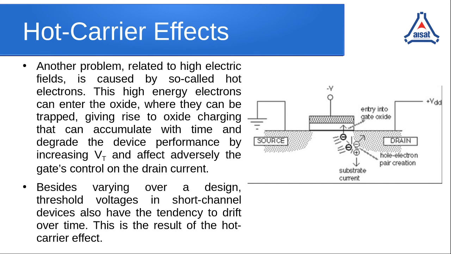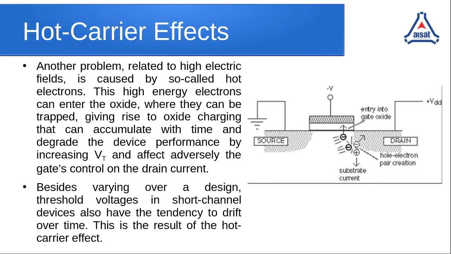Besides varying over a design, threshold voltage in short channel devices also has the tendency to drift over time. So this variation in threshold voltage will affect the performance of the MOSFET. And this is due to the hot carrier effect.